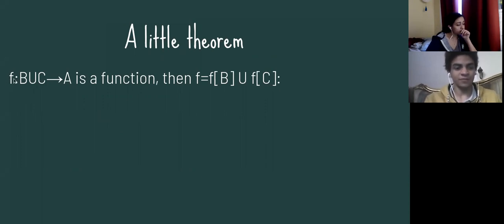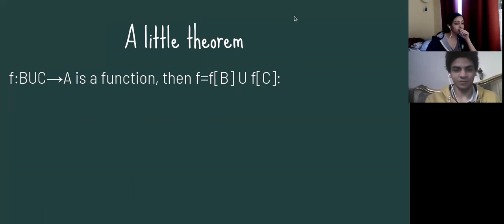If you have f mapping from B union C into A as a function, then f equals the restriction of f to B union the restriction of f to C. Okay, so I think you'd have 2 minutes to think about why this could be true, and then we'll go through the proof immediately.